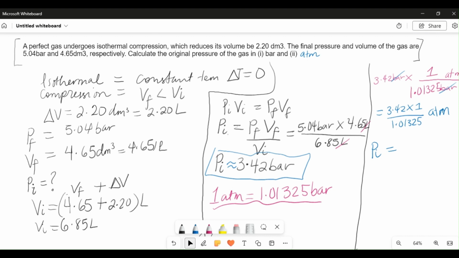I'm just showing you this using the estimated value. So 3.42131387 divided by 1.01325 gives you 3.376574. So approximately the initial pressure is going to be 3.38 atmospheres. So we've gotten the answer in bar, which is 3.42 bar, and we've gotten the answer for initial pressure in atmospheres to be 3.38 atmospheres.